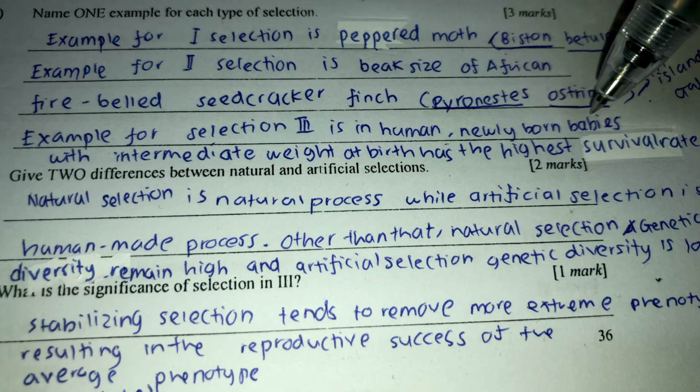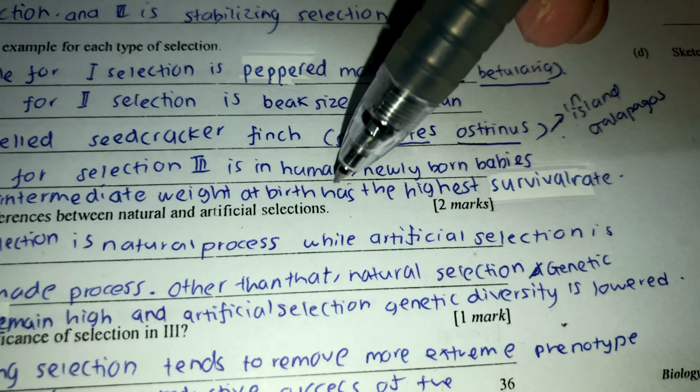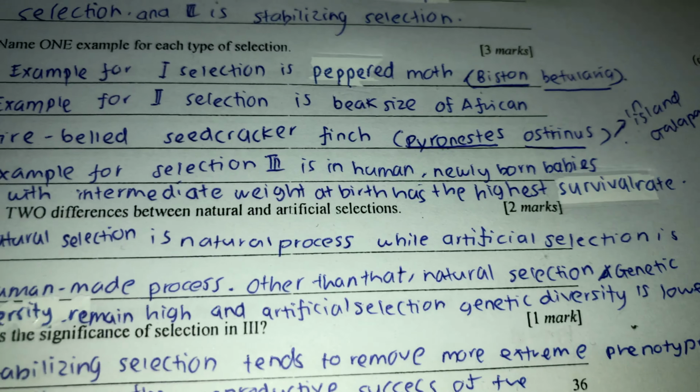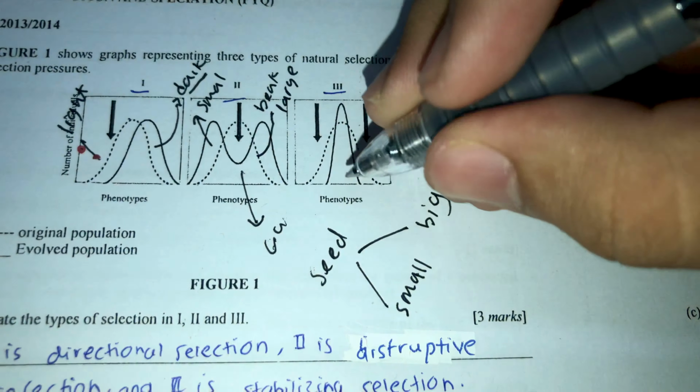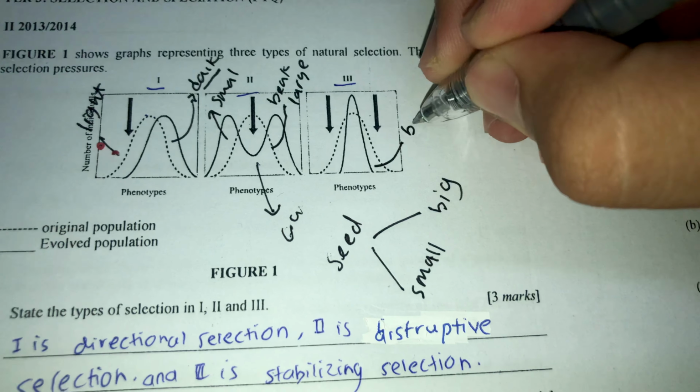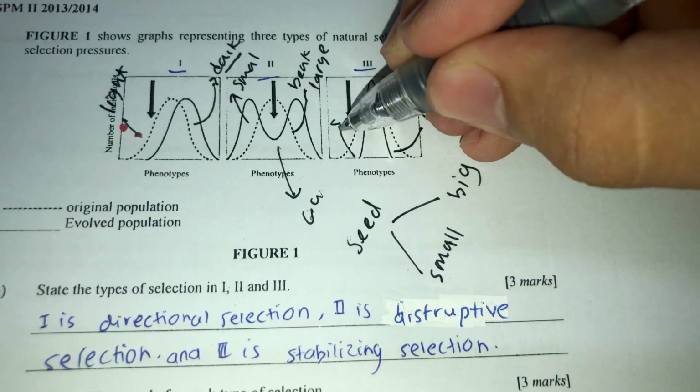The third one is, in humans, newborn babies with intermediate birth weight have the highest survival rate. As you can see, this is the big size and this is the small size.